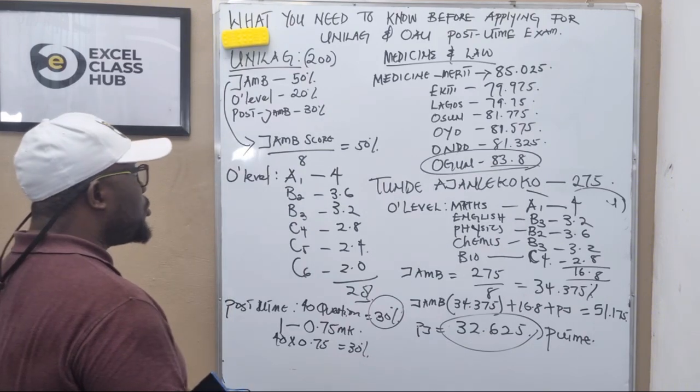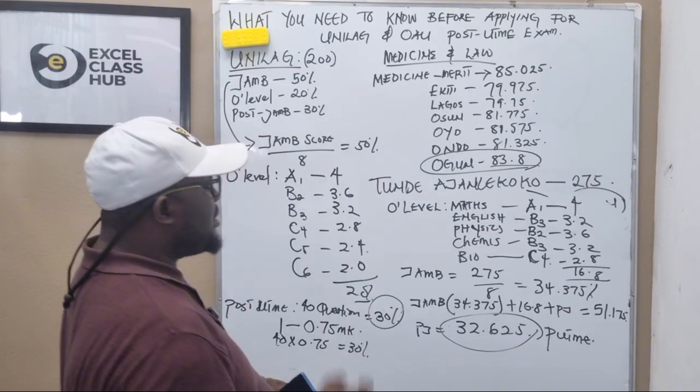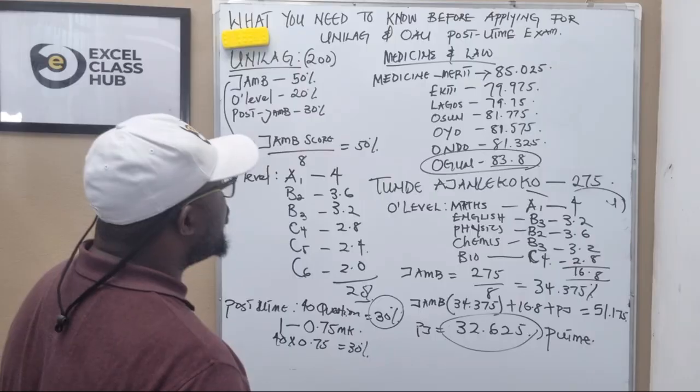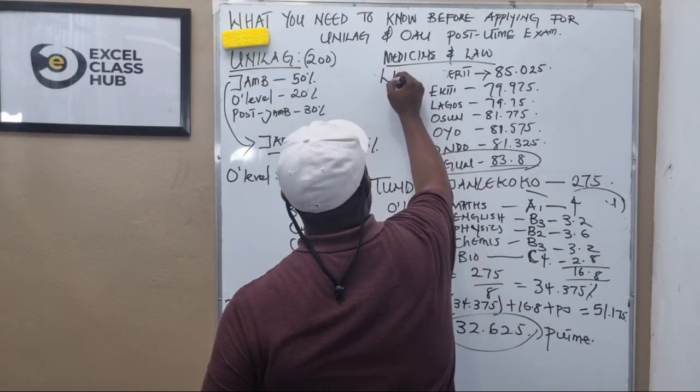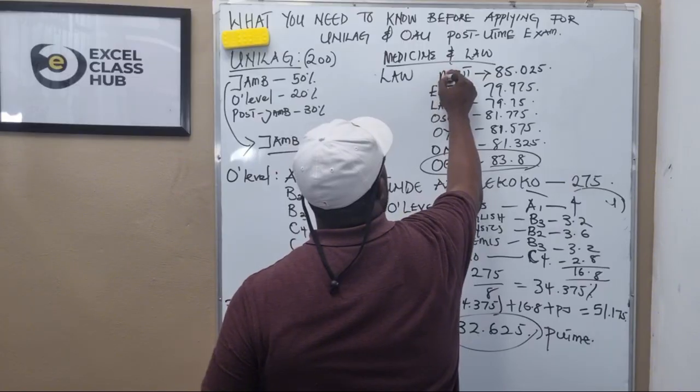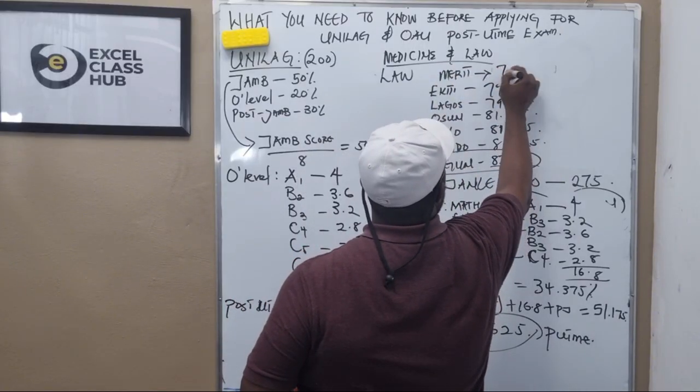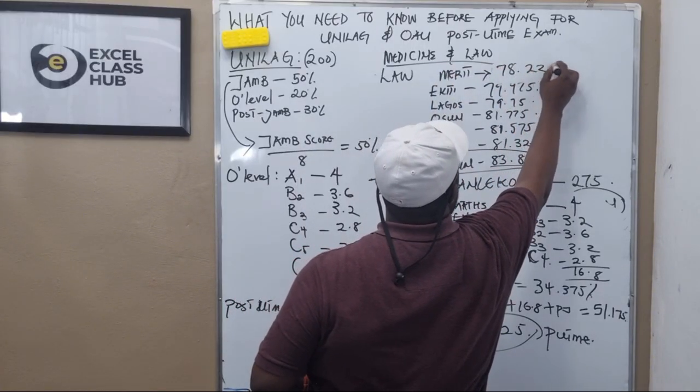Same thing applies to law. Law merit is 78.225.